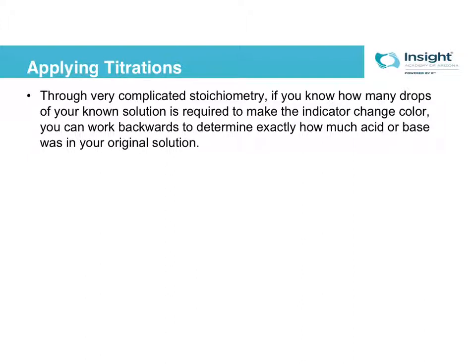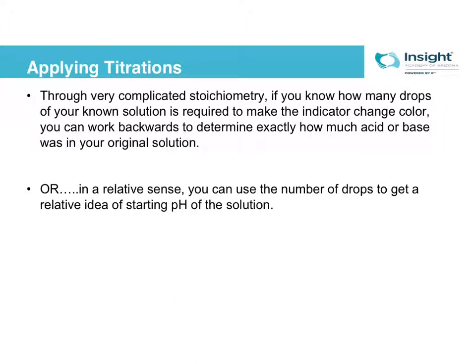But luckily for you, we're not getting into that crazy math. Instead, we're going to use more of a relative sense. Then we can tell approximately what our pH should have been, especially if we're comparing two samples and they require a different number of drops. You can relatively figure out which one was more acidic or more basic at the start.